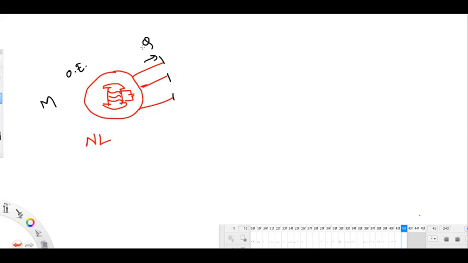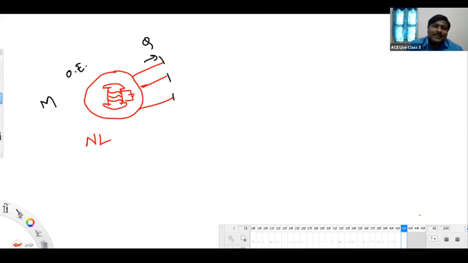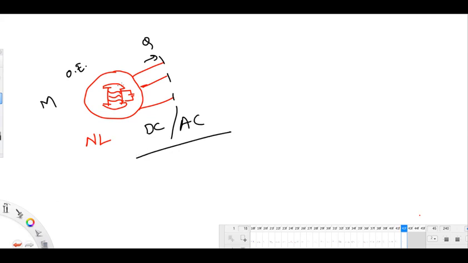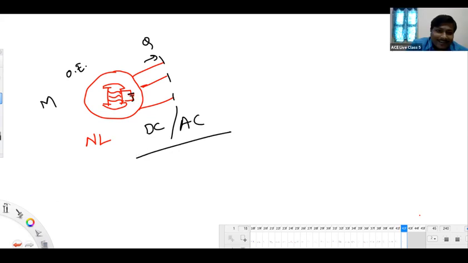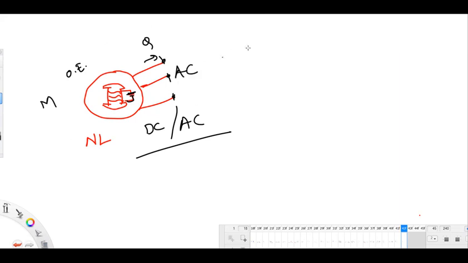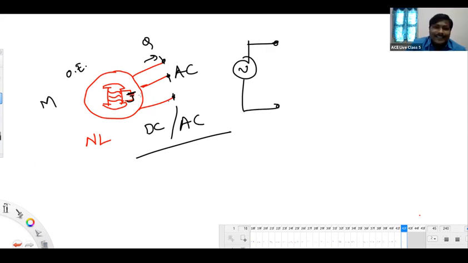That energy is stored in the magnetic field. This is nothing but DC to AC conversion, right? This is the DC source you are applying, and you are creating one AC source. As a whole, it will act as an AC source only.